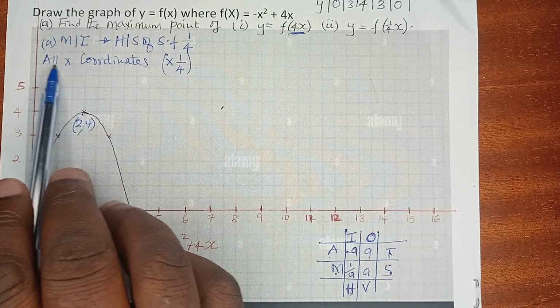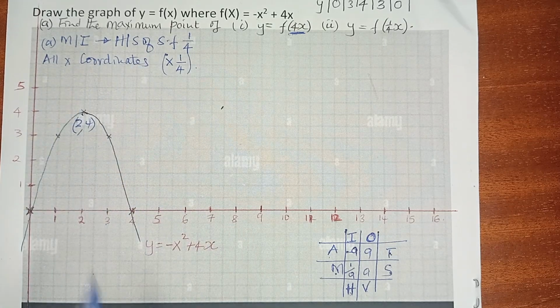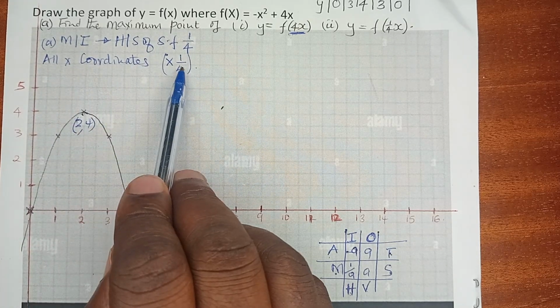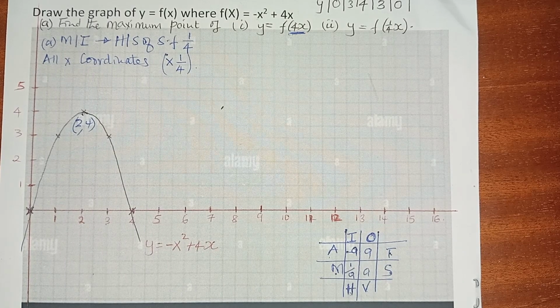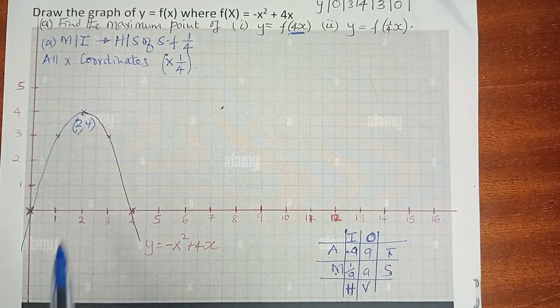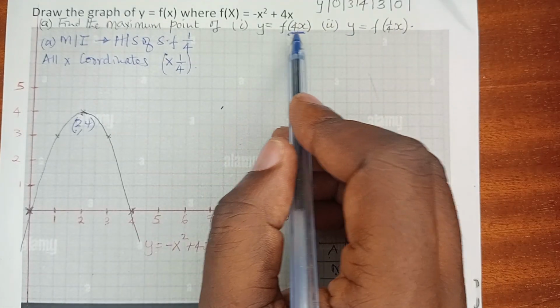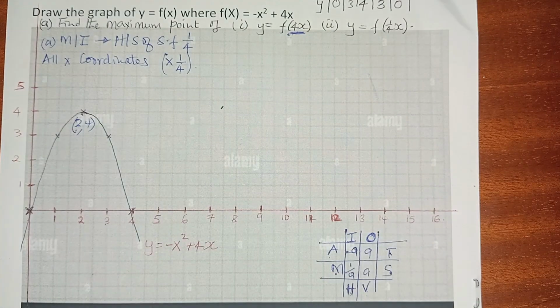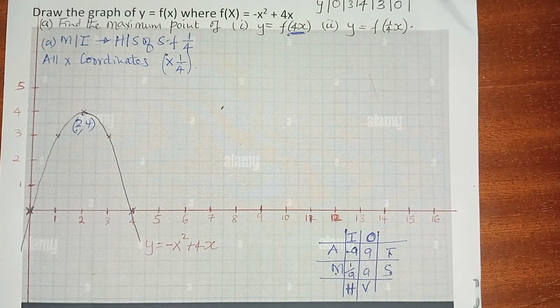It is the x values that are being affected. So 2 times a quarter is a half. The maximum point of this curve is (a half, 4). But before that, let us construct the graph.